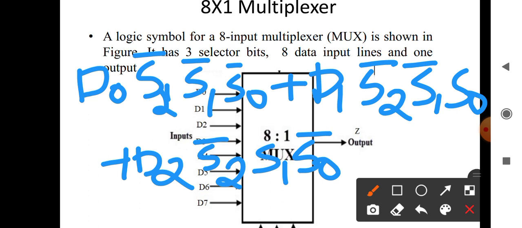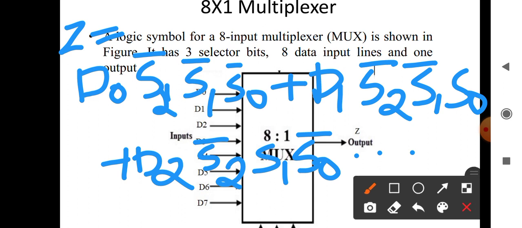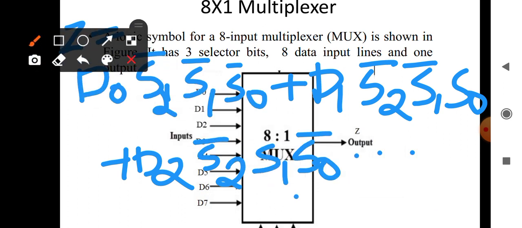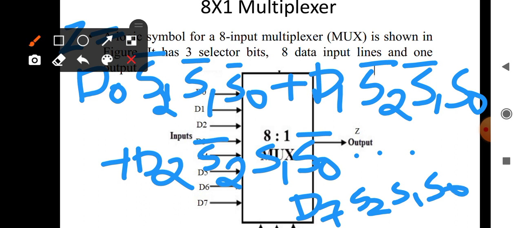So like this we can write the equation Z equal to D0, D1, D2, and up to D7, with S2, S1 and S0. After writing down the equation we can implement it.